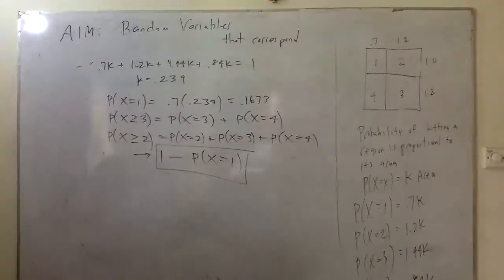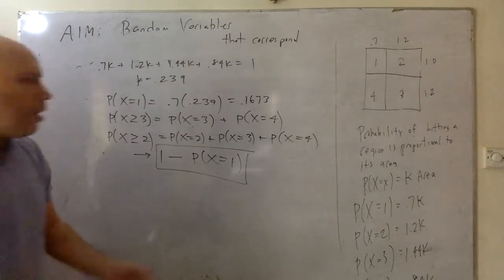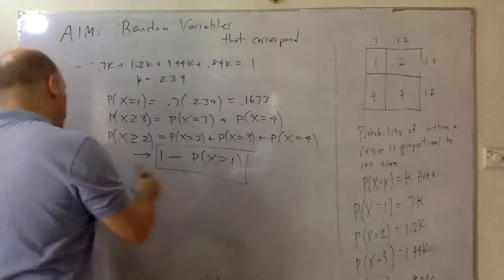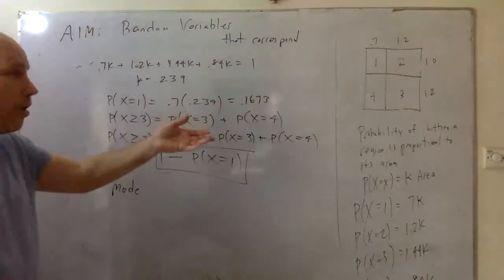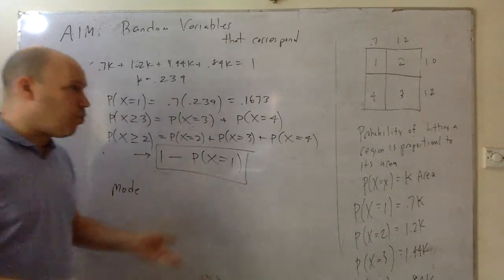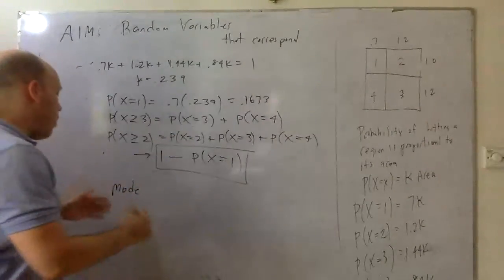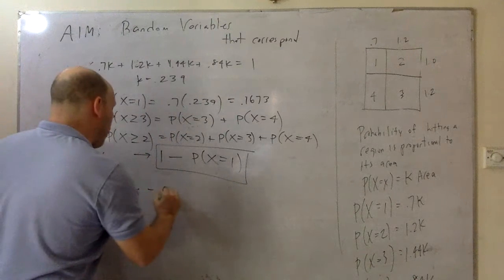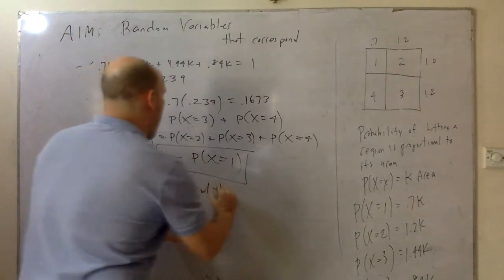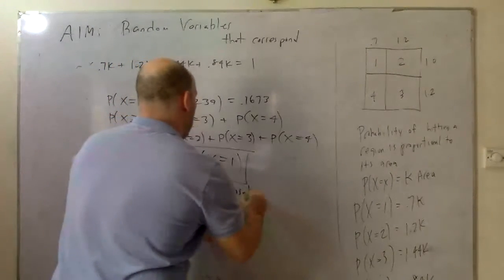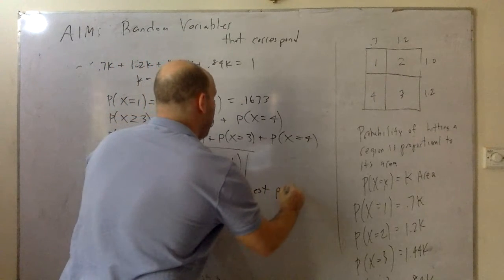Last thing, what is the mode? Because we had a distribution. The question is, what is the mode? Well, the mode in this case is the outcome with the highest probability.